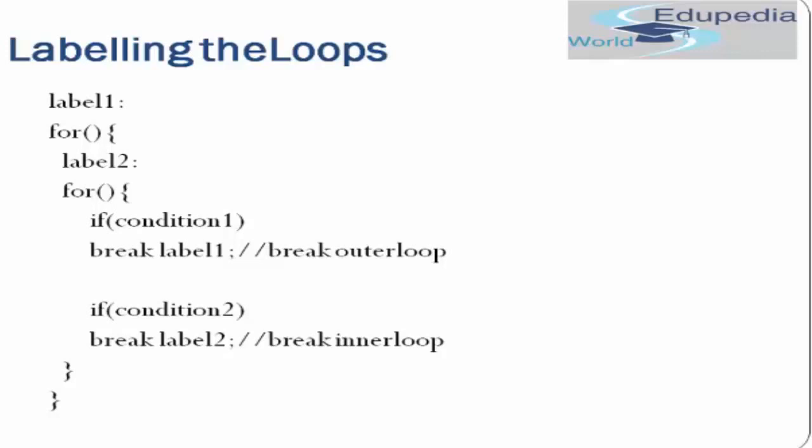So it will make my execution come out of label 1, out of the first loop. Then I have another condition, condition 2, and in that condition I'm breaking out from label 2. Okay, so I hope you got why we need labels, and now let's try to run an example.